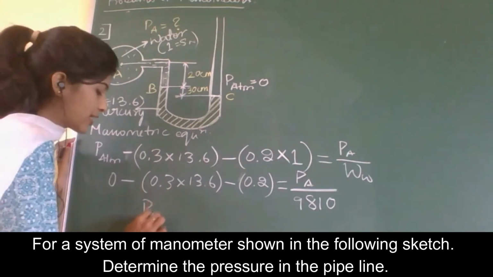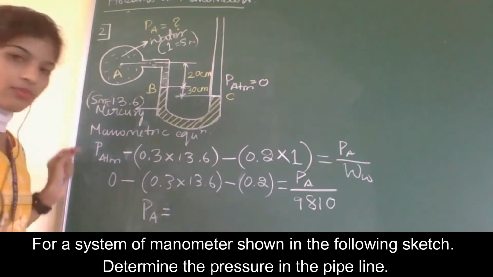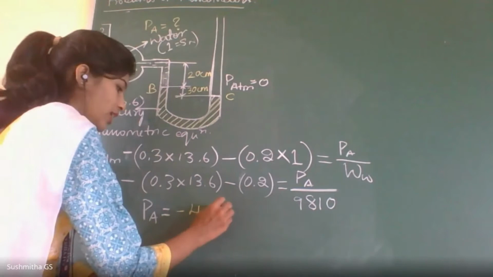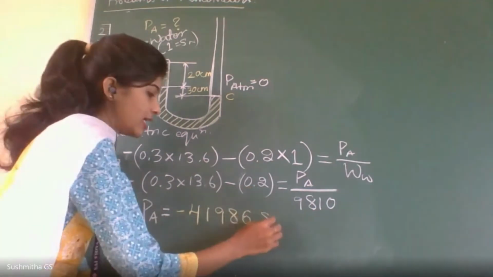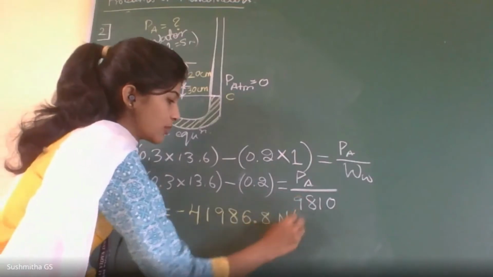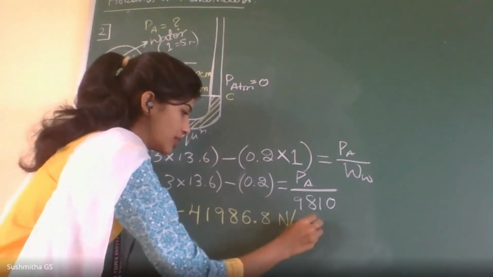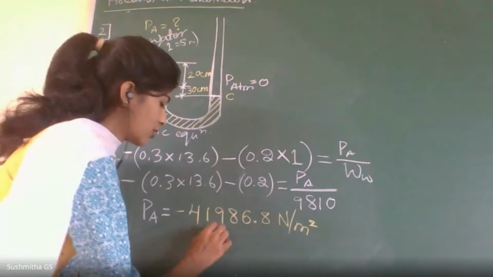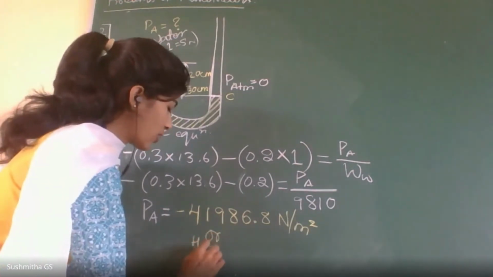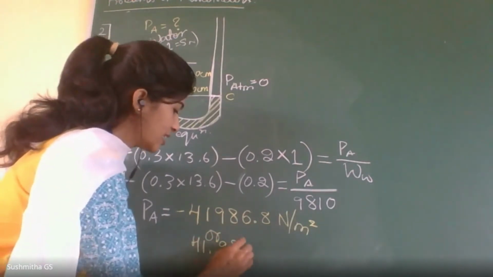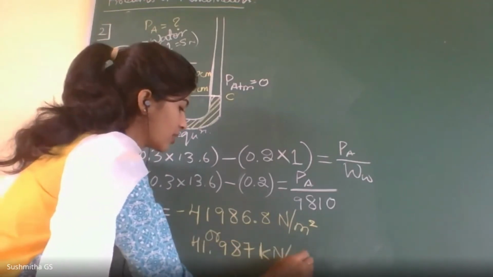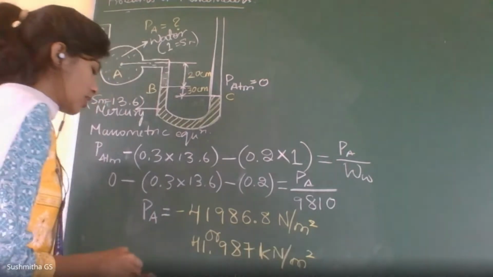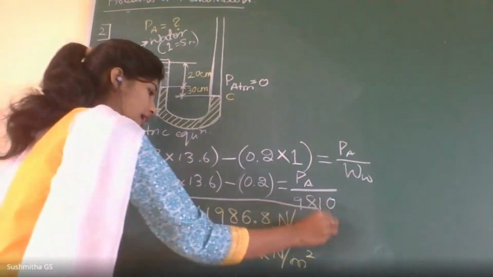So now you will get PA as minus 41986.8, the unit is Newton per meter square, or we can represent it as minus 41.987 kilo Newton per meter square. So this is the answer.